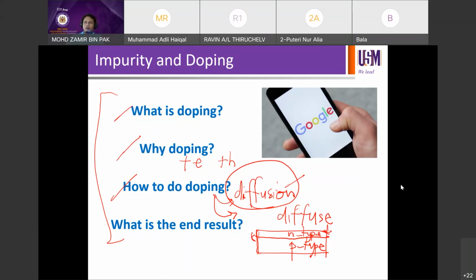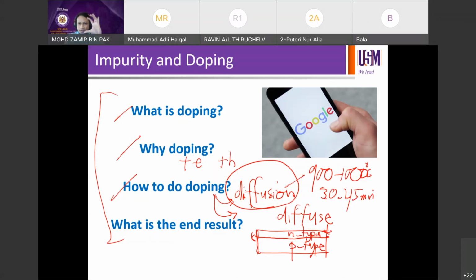So the conventional method to do doping is by bringing your silicon wafer, say p-type, the original one, into a furnace at some temperature, typically in the region of 900 to 1000 degrees Celsius, for about 30 to 45 minutes, typically. And the ambient of the furnace is filled with phosphorus source.